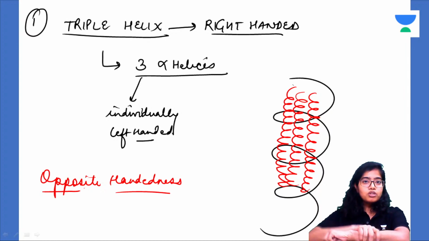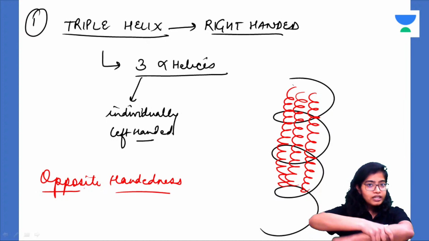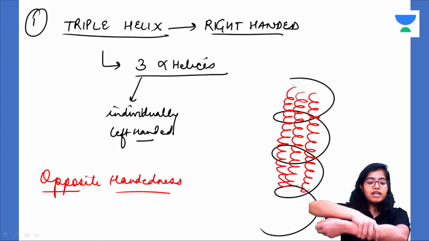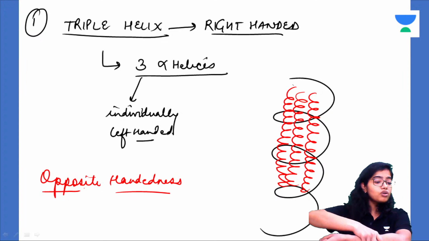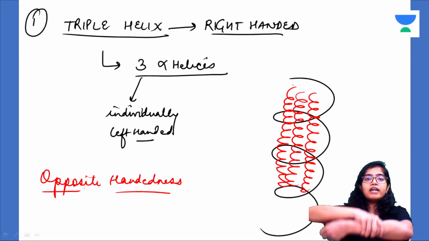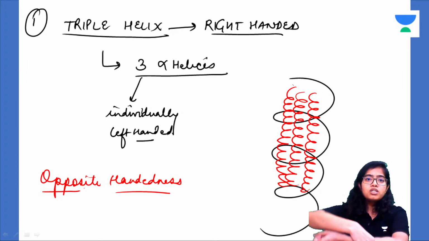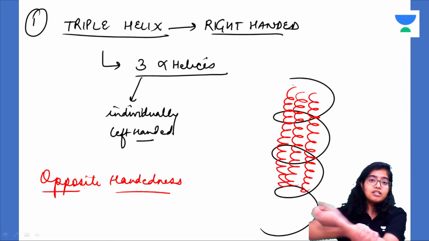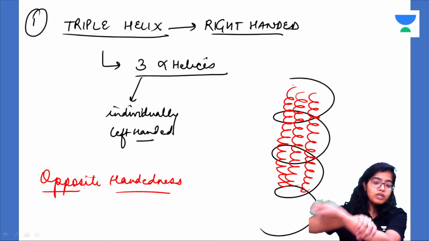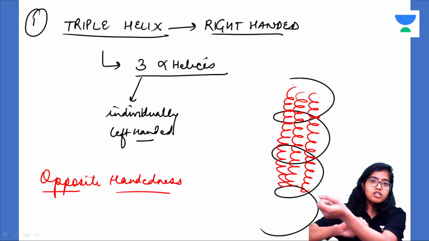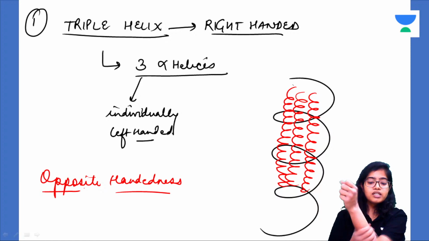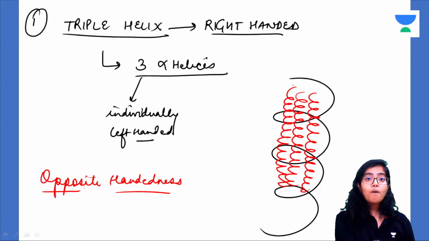Suppose, your hand has a lot of connective tissue. If you wring your hand, twisting it like this, if your collagen did not have opposite handedness, what would happen? It would lose its elasticity. But why is your skin so intact, so integral? Why is it always coming back? Because of the opposite handedness.